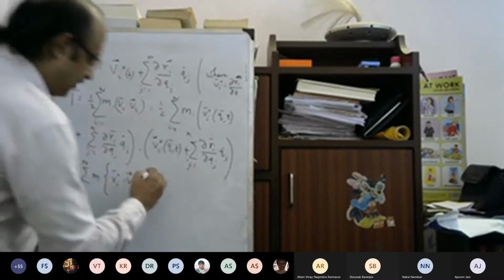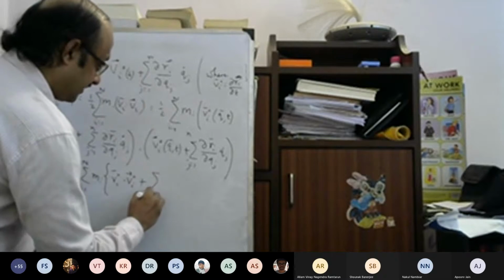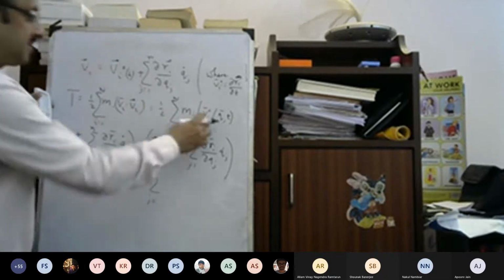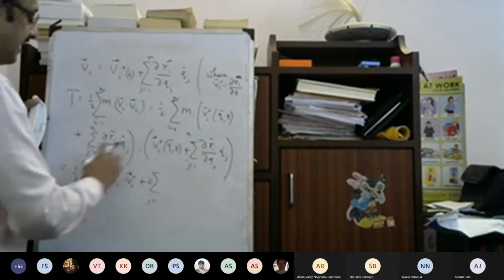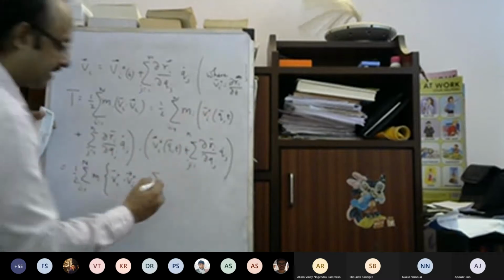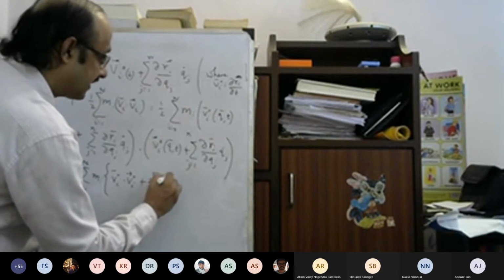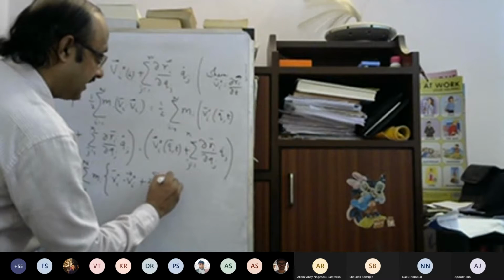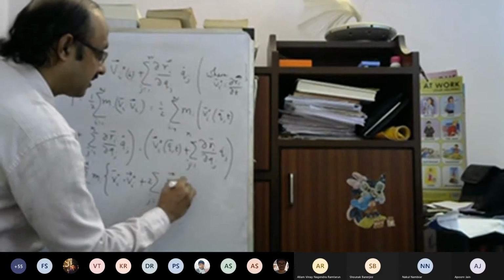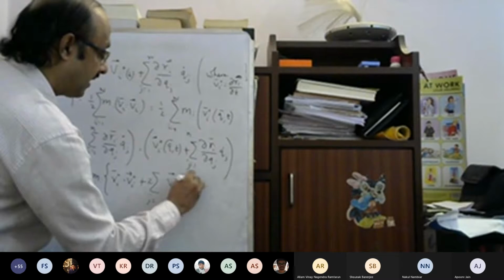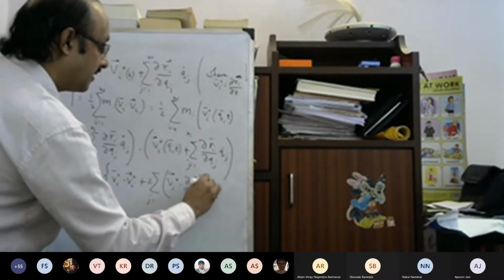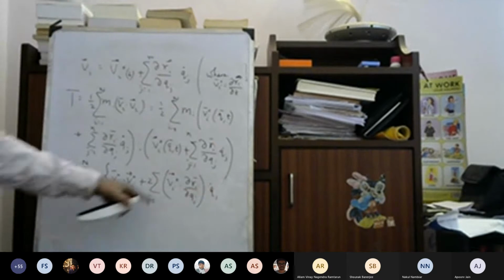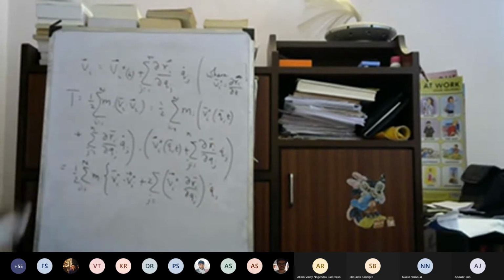The other part, J2, will come because of these two dot products: first vi dot this and this dot vi, so they will be the same because dot products are commutative. So now it will be qj dot, vi dot del ri by del qj. Okay, so this gives the second expression.